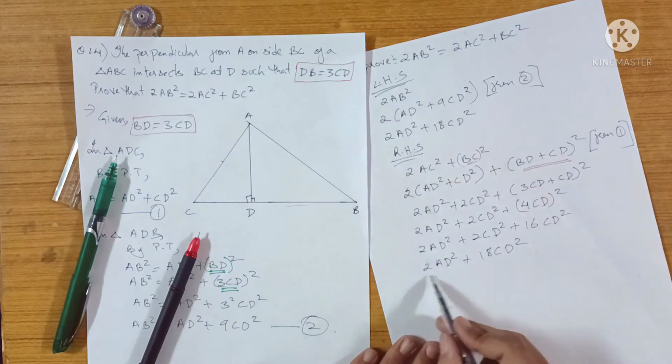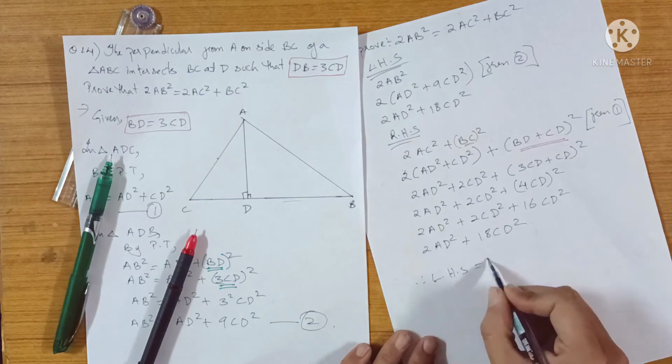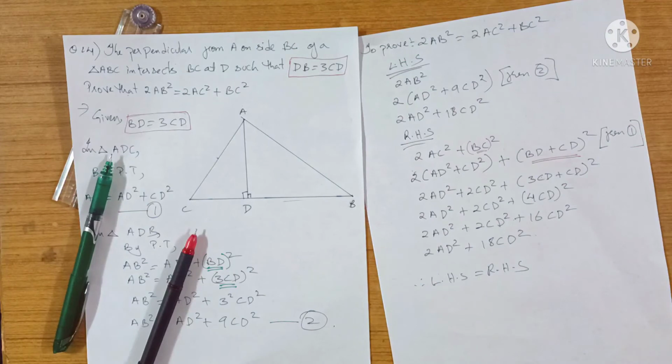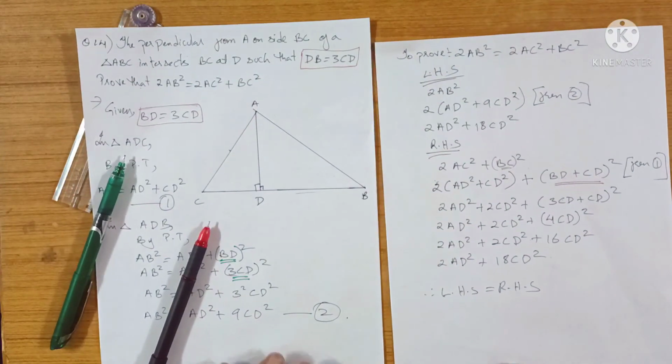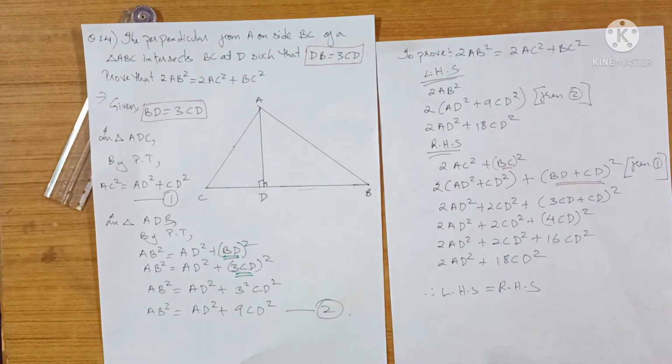So from here and here we can say that therefore LHS equal to RHS. Like I've told you, we can do this not just in one way but several other ways also. It's just not like you take one. For example, let me show you.